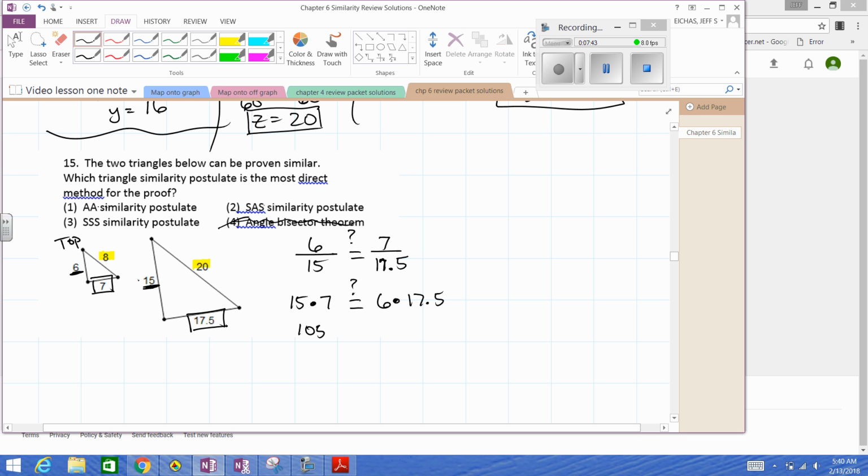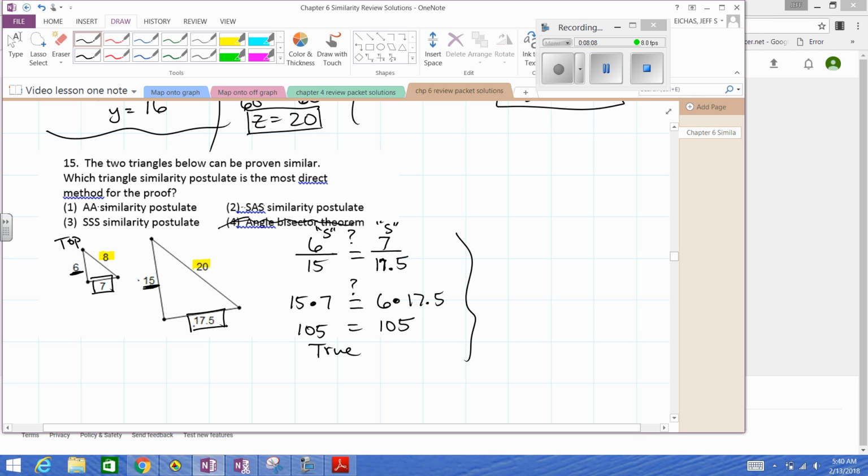That's 105, and 105. Yes. So that's a true proportion, which gives us 2 S's, essentially. Those pairs of corresponding sides are proportional, so we at least have 2 S's. We need a third, though.